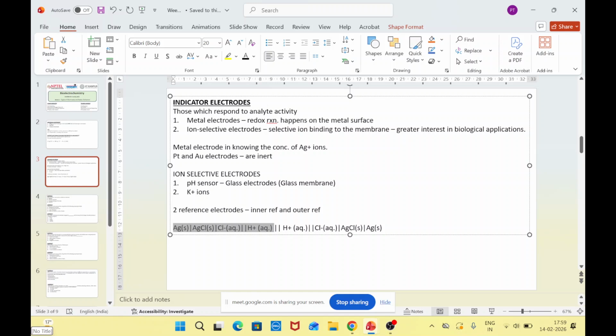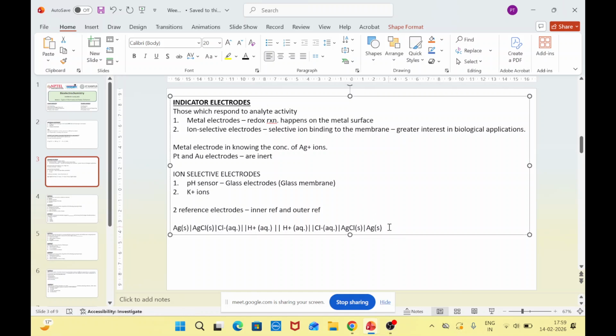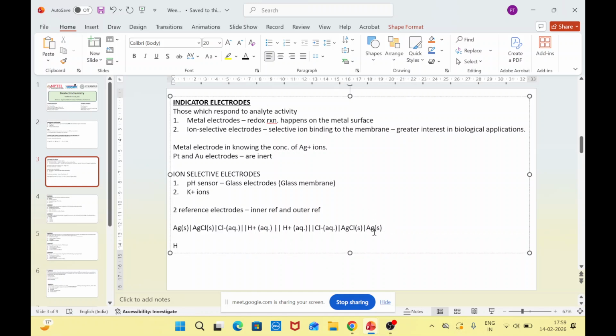So any shift that happens, these H plus ions try to bind to the glass membrane. Any shift happening within the system will cause a change in the delta V that is observed, because when the H plus ion binds to the glass membrane, a potential difference gets generated.